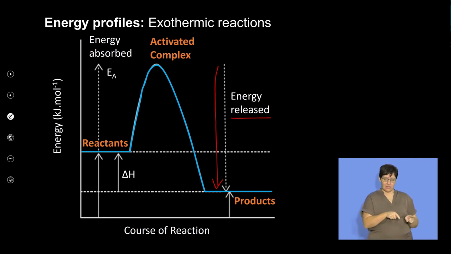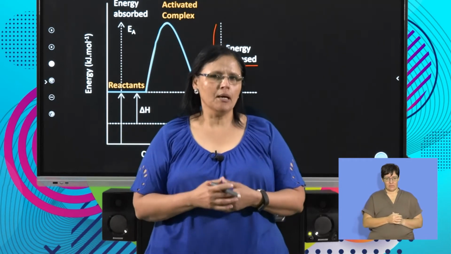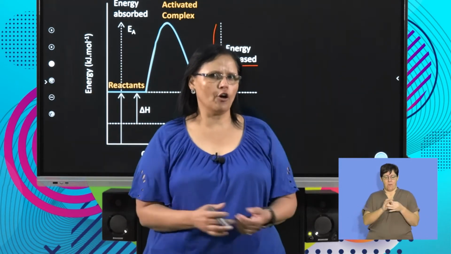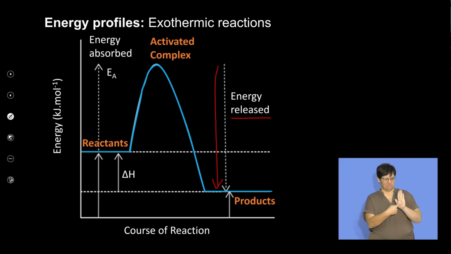So exothermic reactions will always release to the environment, meaning it gives off a lot of heat. And this is a type of graph for explosions, a type of graph for combustion of fuels.